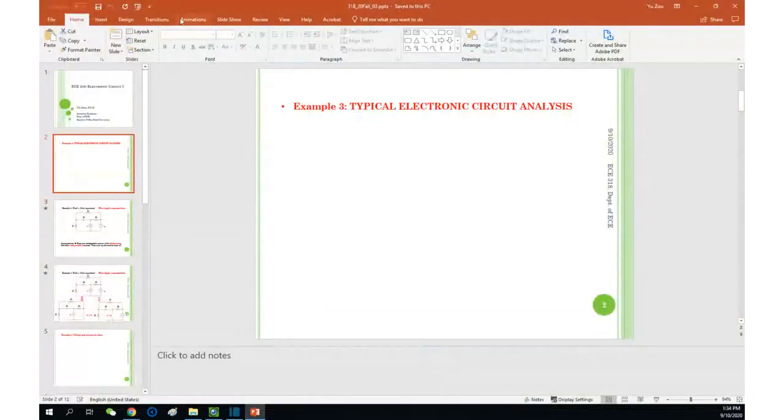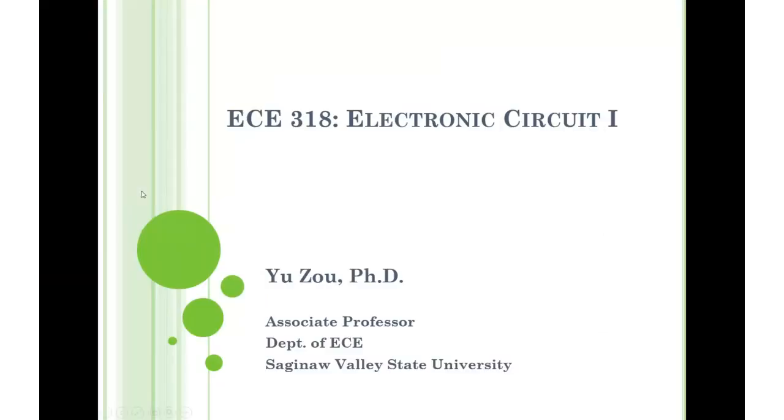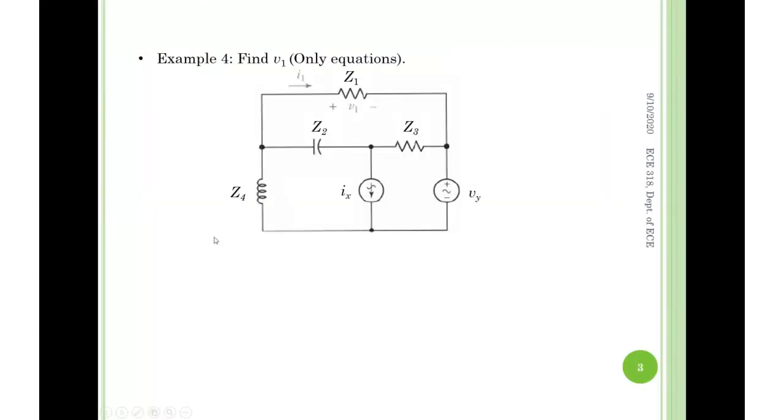Coming back to the PowerPoint slides, let's talk about Example 4. What is Example 4 here? What you'll be seeing is two sources, two resistors, one inductor and one capacitor.